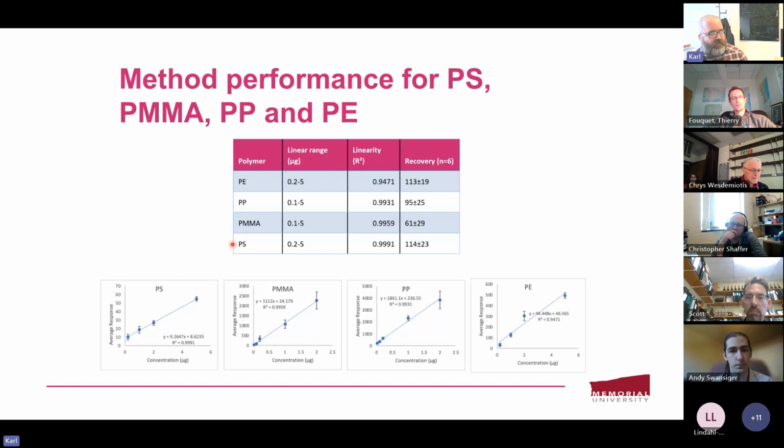Okay, so the way that these standards were prepared essentially involved dilution in heated toluene. And as you mentioned, what's been done in other groups is you might take a solid aliquot of the plastic and use accelerated solvent extraction to make a solution.